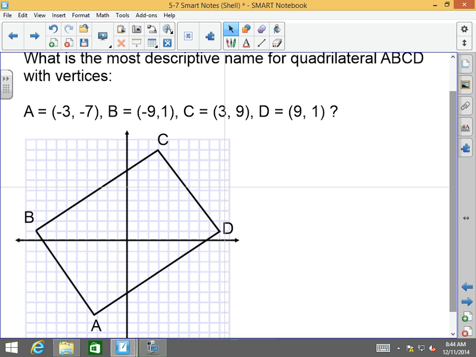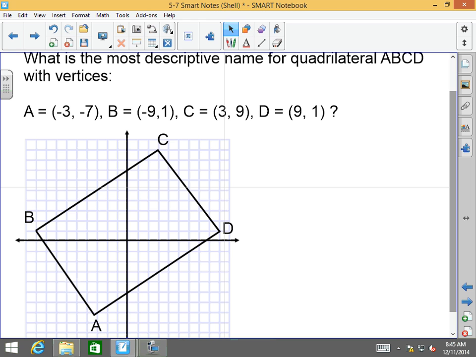What do we know about the slopes of parallel lines? They're equal. Very good. Okay. And what do we know about the slopes of perpendicular lines? They're negative reciprocals. So let's think about this. Let's first see if the opposite sides are parallel. Because if opposite sides are parallel, what is it automatically? A parallelogram. Very good.